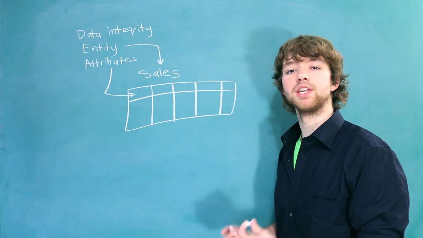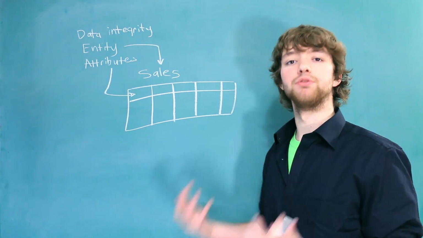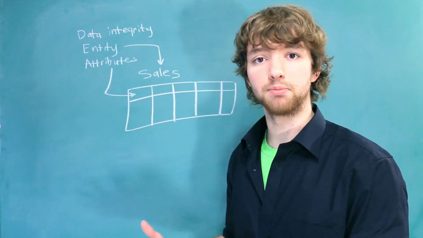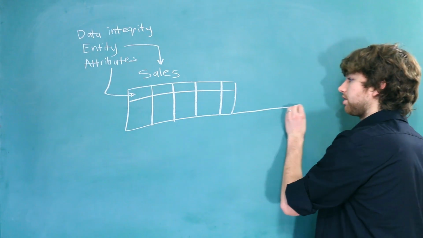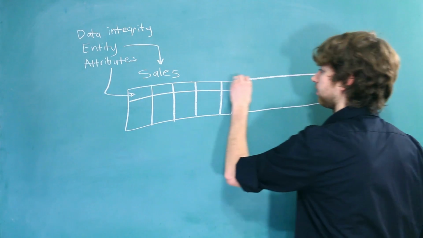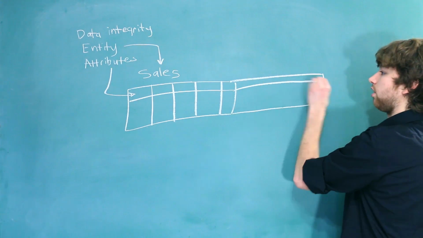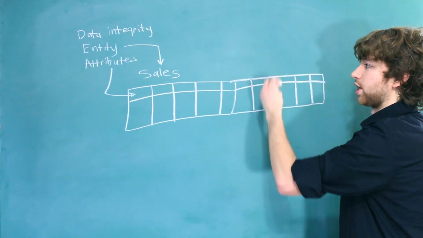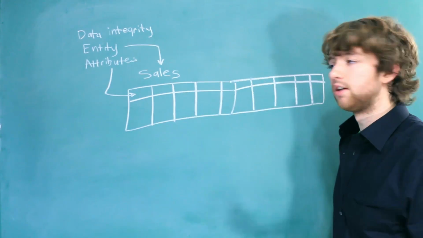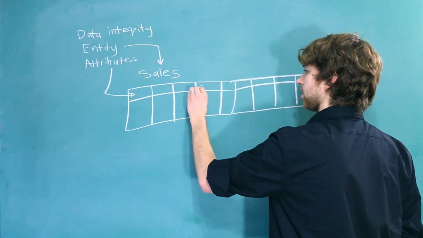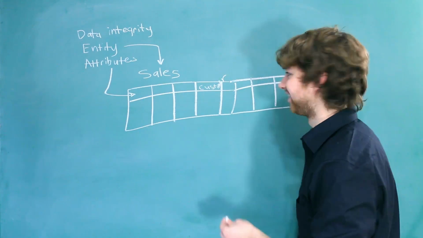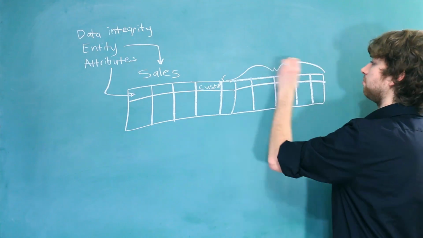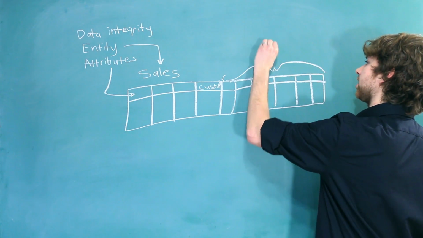But what happens if you tried to store every single thing in your database in one table? Well, in that case, it's going to be a really super long table, and we're going to have a ton of columns. And we might have columns that are unrelated to the sale. For example, one of our columns might be customer, right? And then all of this data might be describing the customer.